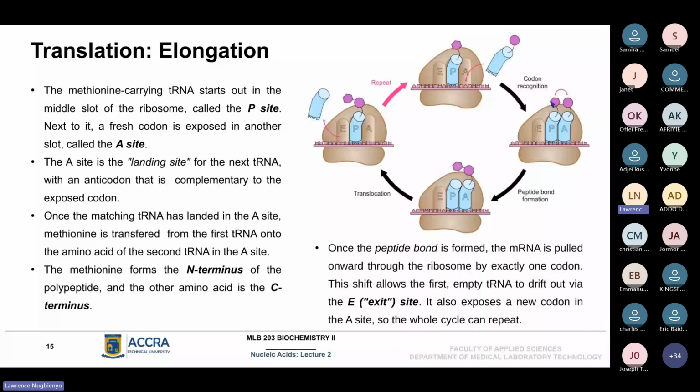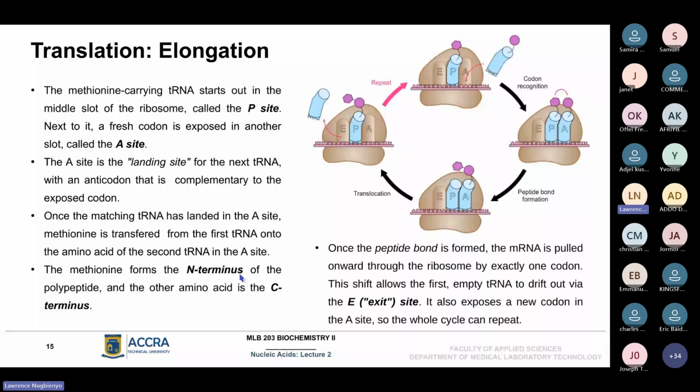Now, what it means is that when that process continues, the first amino acid, which is methionine, will remain the first amino acid at the beginning of the peptide chain which is formed. And at the end of it there is the amine group, the N terminus.